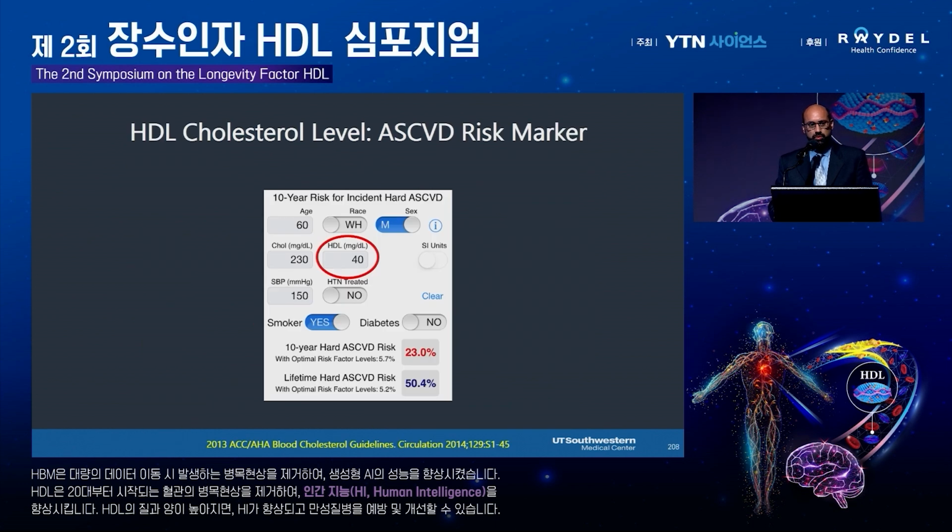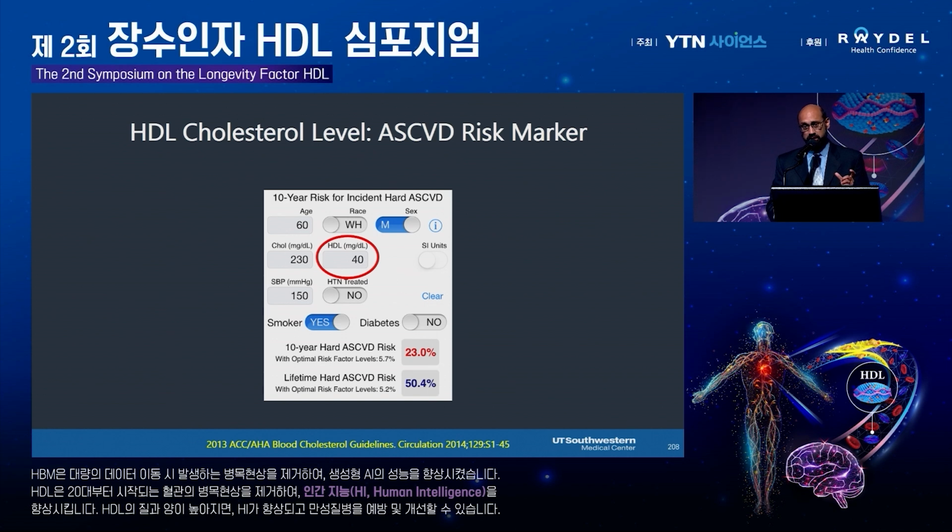So with respect to HDL cholesterol levels, HDL cholesterol, as Dr. Rai nicely summarized in her leading slides, is a powerful risk marker for developing atherosclerotic cardiovascular disease. HDL is one of two biomarkers in the main risk equation that's used in the United States, the pooled cohort equation, as well as the European SCORE risk calculator, to predict a person's risk for developing ASCVD over the next 10 years.